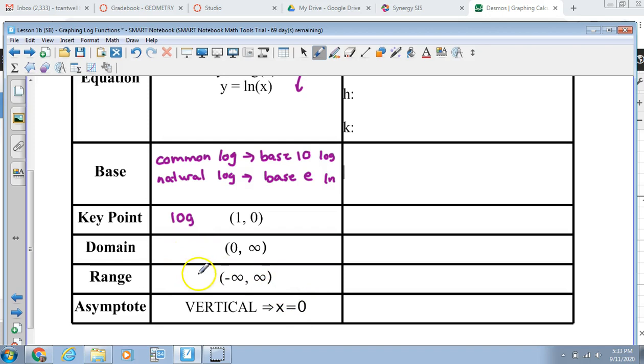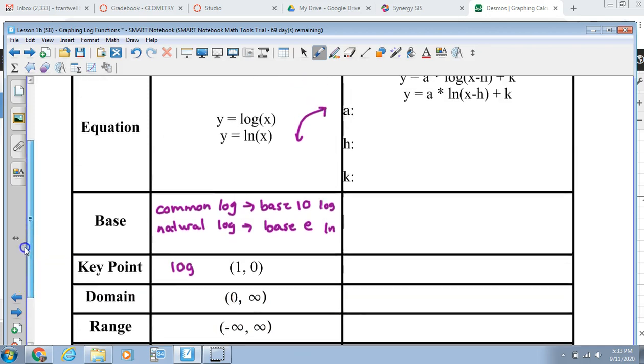And for our domain and range, you'll see they look kind of similar to our exponential functions. But on exponential, we had a domain that was all real numbers, and our range was everything on one side of the horizontal asymptote. For our logarithmic functions, our range is all real numbers, and our domain is everything that's on one side of our vertical asymptote.